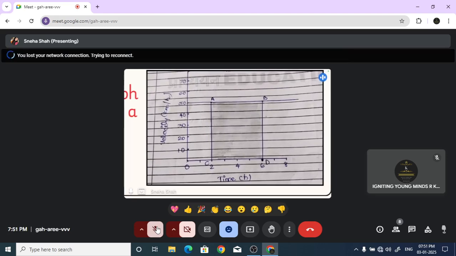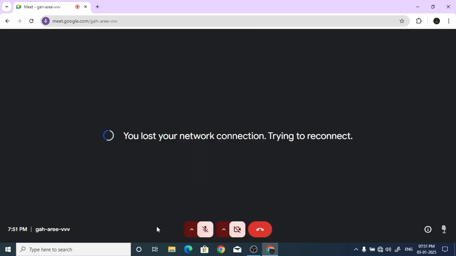Velocity, sorry, not distance, velocity. And from point C to D, it is the time taken.